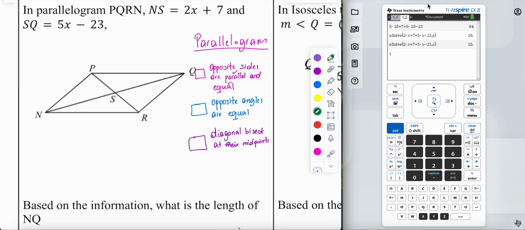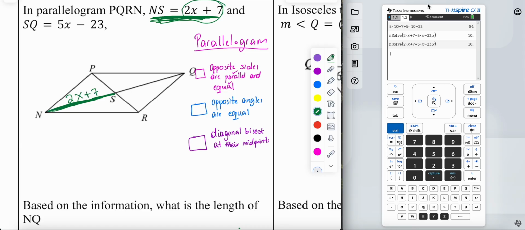All right, so they gave us NS, and NS is equal to 2x plus 7. So we're going to go to our diagram, and we're going to highlight the segment NS, and label that with what was given, which is 2x plus 7.